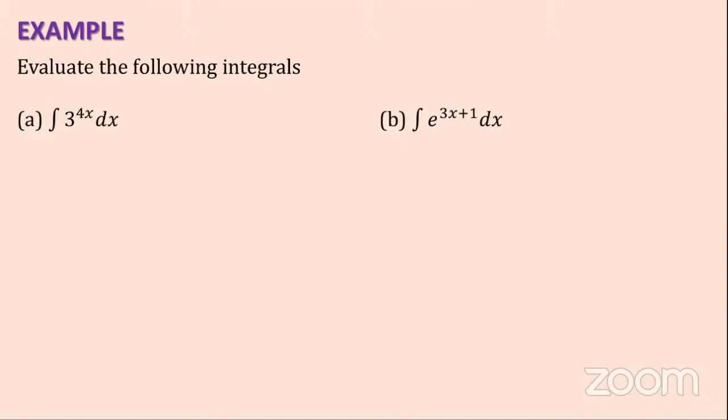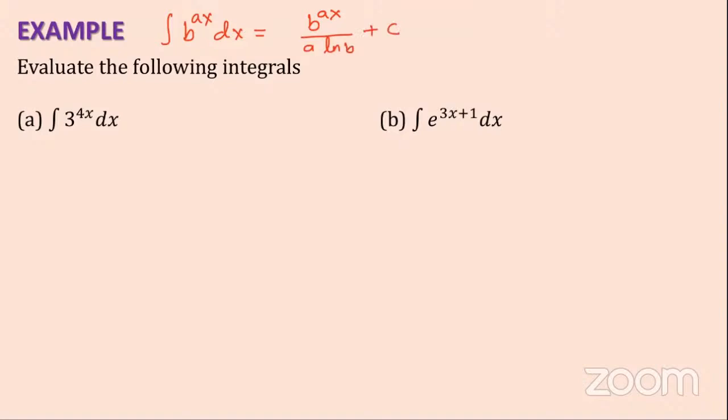But we have the formula. If you remember, we had the formula. What was that? If you go back to your notes and check it, we have integration of b to the ax with respect to x is equal to b to the ax divided by how much? A natural log b, is that right? Plus c. That was the formula.